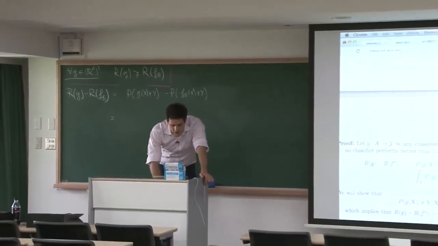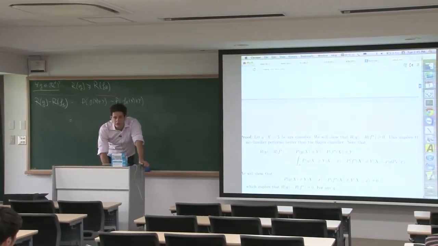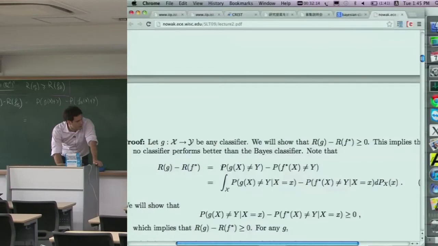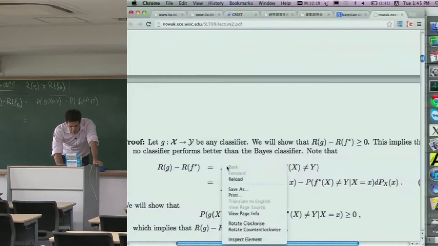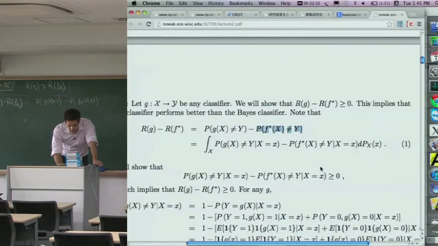The risk of g minus the risk of f star is equal to, if you use the 0-1 loss, this is not a trivial statement, but it's just because you're using the 0-1 loss, the risk of g is equal to the probability of g of x different from y. And the risk of f star is equal to the probability of f star of x different from y. Now, if you condition on x, we sum that probability over all possible values of x, weighted by the marginal probability of x.